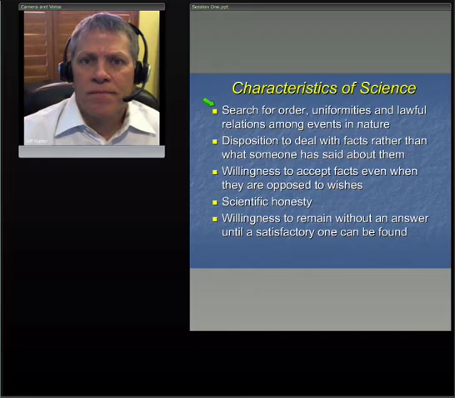But this is an idea that really has helped the sciences over the many, many years in which research has been conducted, going way, way back, long before there was a behavioral science, and all the way talking about chemistry and physics and so on. There was always a search for order, uniformities, and lawful relations in anything that was studied at its time. We take those same principles to be true when we're talking about human behavior and behavior in general.